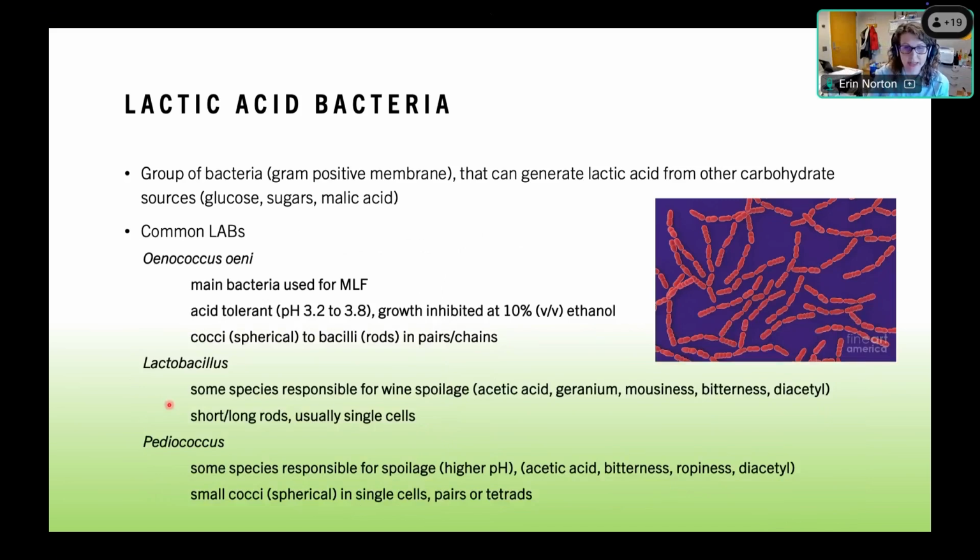All lactic acid bacteria can generate lactic acid from some source. It doesn't have to be malic acid. Sometimes they use glucose or other sugars or malic acid. So anything that produces lactic acid is a lactic acid bacteria.